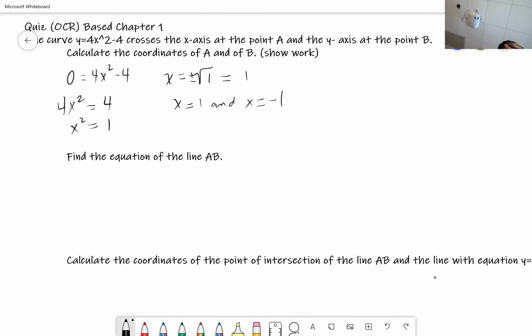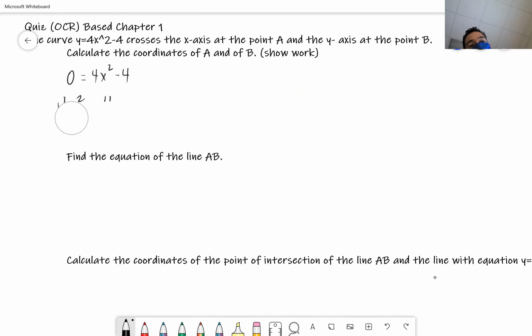Okay, so you saw how I got 1 and -1, right? There's something that's bothering me here. The search thing here doesn't go away. There, it went away.